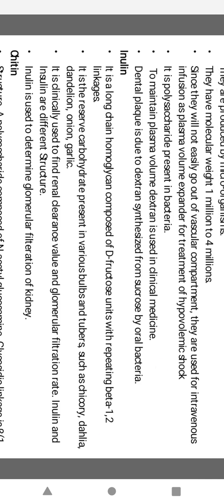Next, we see about dextran. They are branched homopolymers of glucose units with 1,6 bonds, 1,4 bonds, and 1,3 linkages. They are produced by microorganisms. Molecular weight is 1 million to 4 million. They do not easily go out of the vascular compartment.